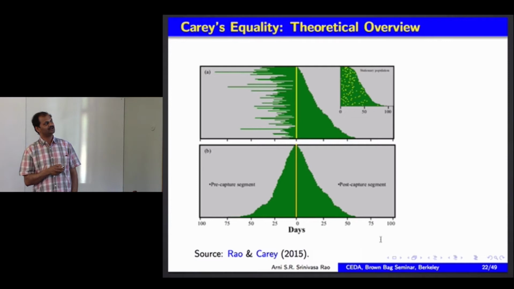This is the time of observation, when they collect the data. They say that already, these many years they have lived, hypothetical data, and this is the time they're going to live, life left. And then rearrangement of that will become this particular population. This is like a pre-captured segment of that, and this is a post-captured segment.